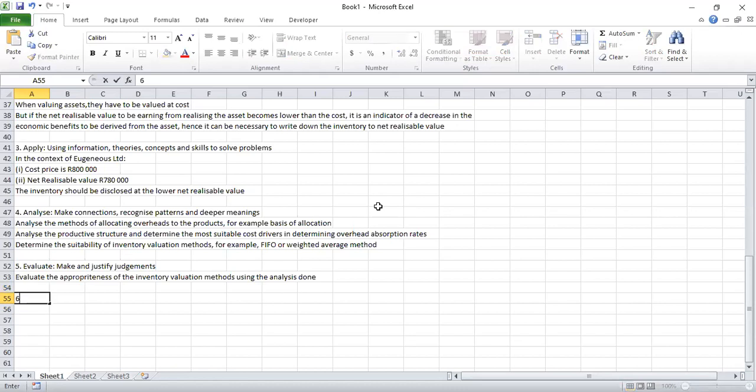Right. Then number 6, you then create. Combine elements of learning to create new or original work.